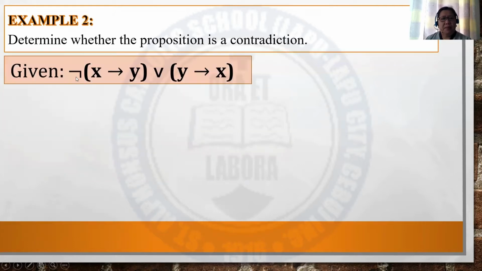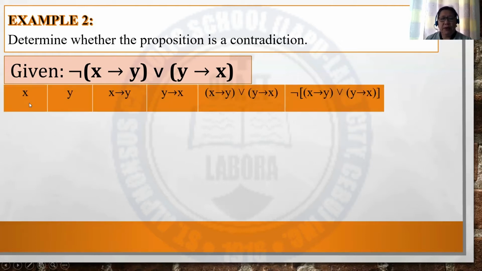Another example, the negation of the disjunction of x implies y, or the implication of y and x, or y implies x. So let us have first, the first column would be the truth values of x. Second column, the truth values of y.